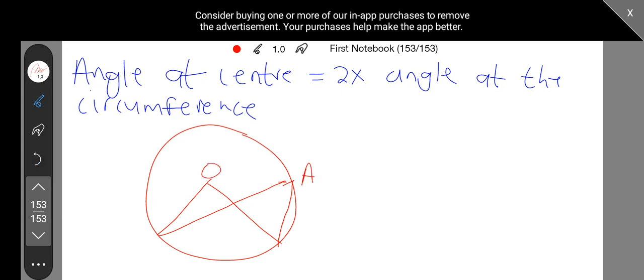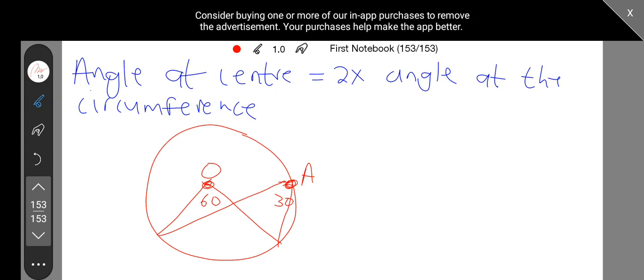So notice that this is the center here, and this is the circumference. It's still the same. So if at A we've got 30, at the center we'll have 60. So it doesn't change regardless of how it is given. The angle at the center will be 2 times the angle at the circumference.